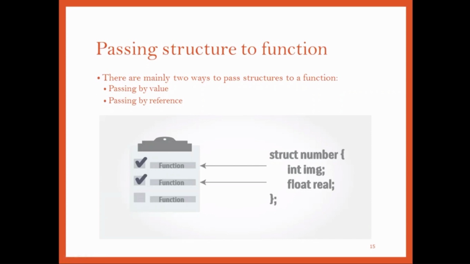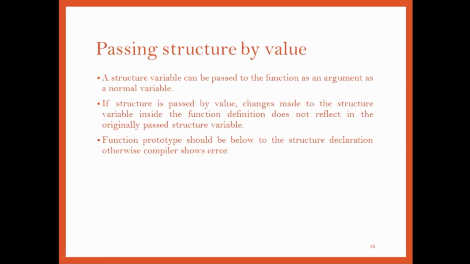Then passing the structure to the function. There are mainly two ways to pass the structure to the function: passing by value and passing by reference. First we see passing the structure by value. A structure variable can be passed to the function as an argument like a normal variable.